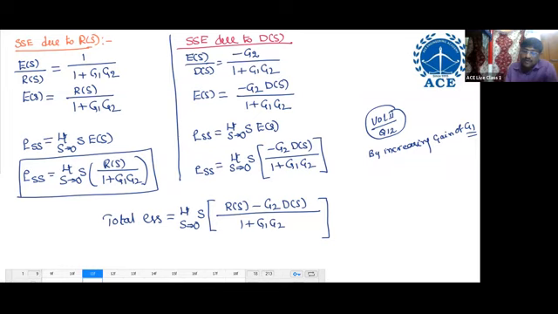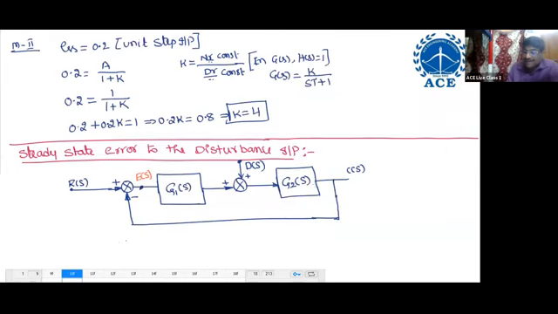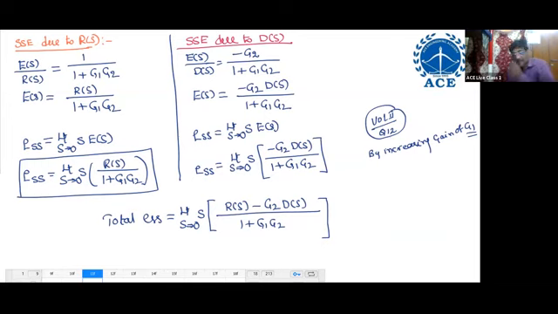One problem now we'll solve. But don't think that, listen, this is path gain. Year to year, what is the path gain? Output is E, E of S by D of S. Some people, they'll sleep, I think. I explained clearly, start at D of S, G2 into minus 1, minus G2.